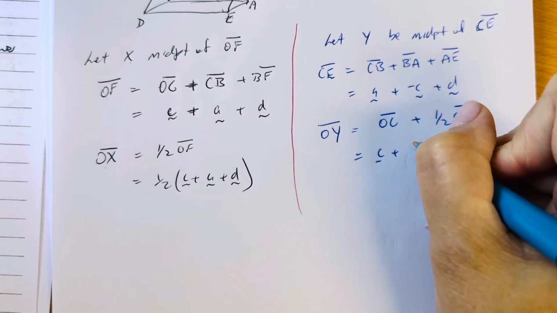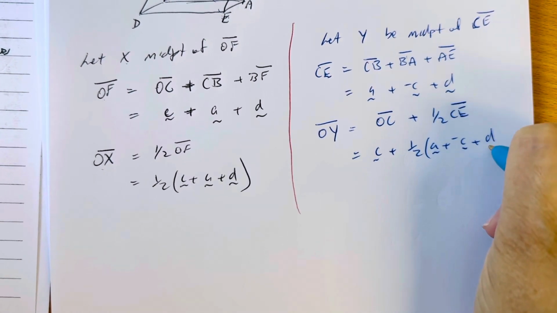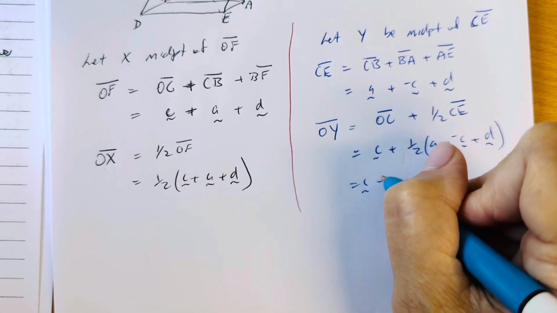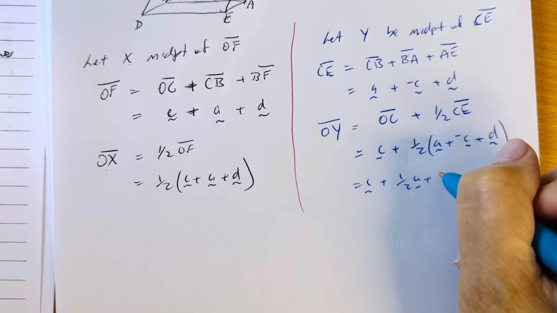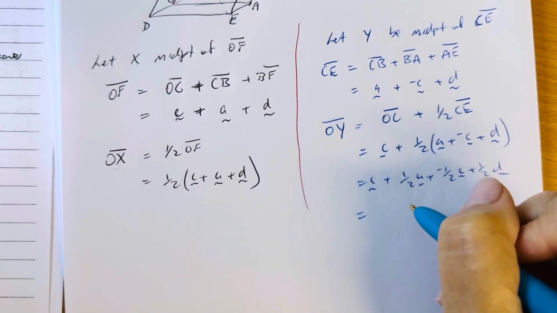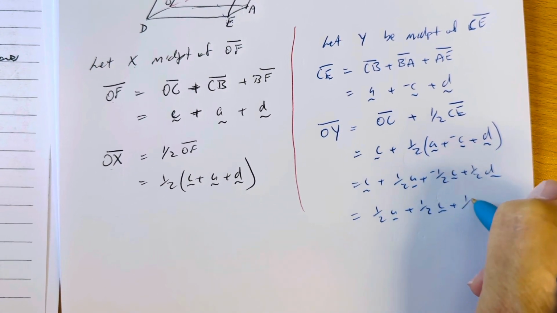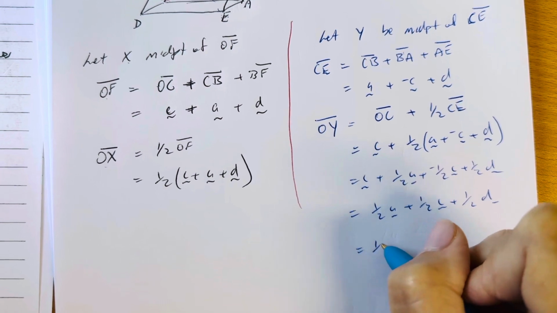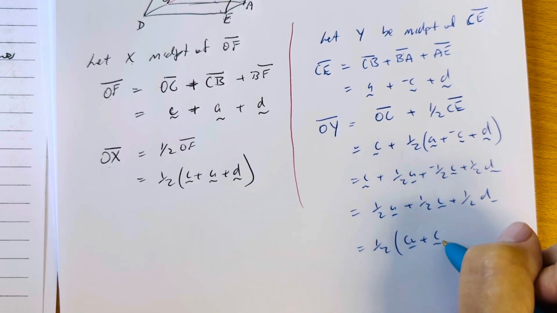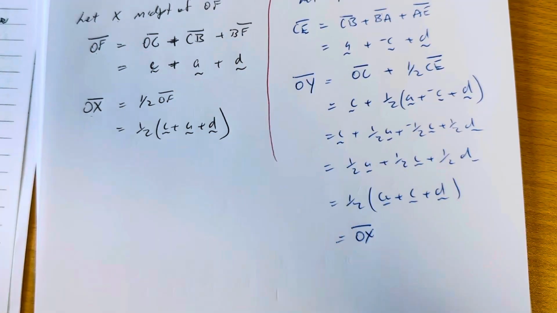OY is C plus a half (A plus negative C plus D). That's C plus a half A plus negative a half C plus a half D. That gives me a half A plus a half C plus a half D, which is a half (A plus C plus D), which is equal to OX.